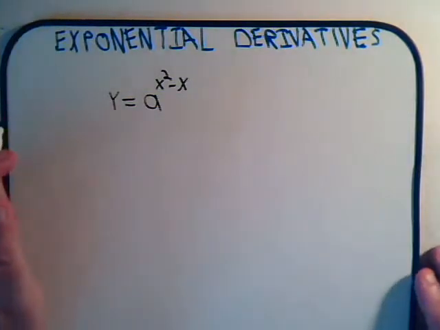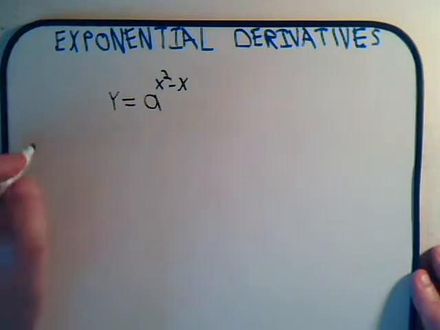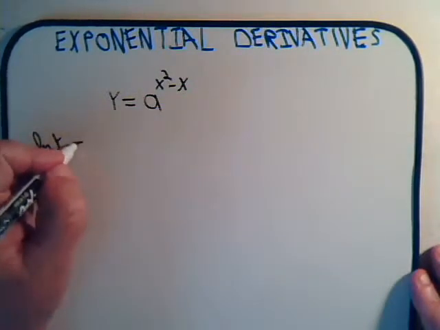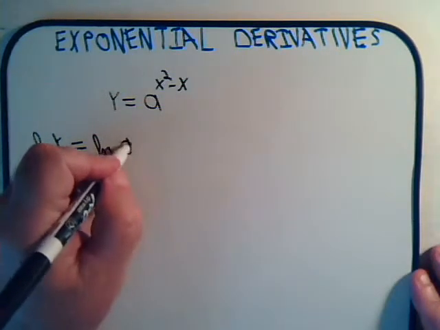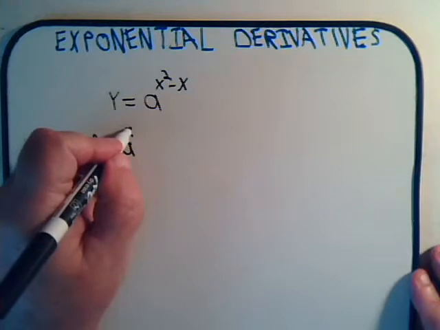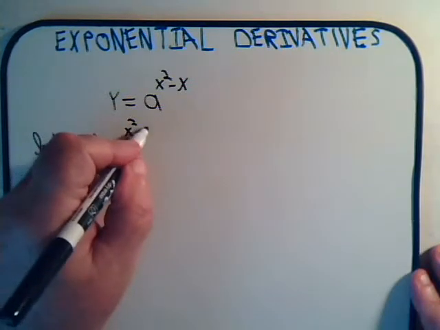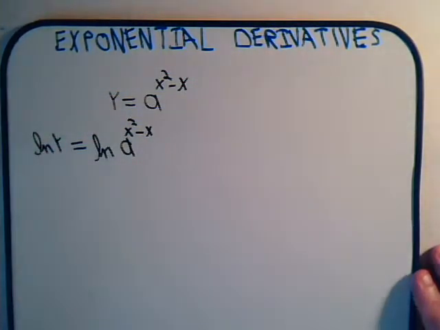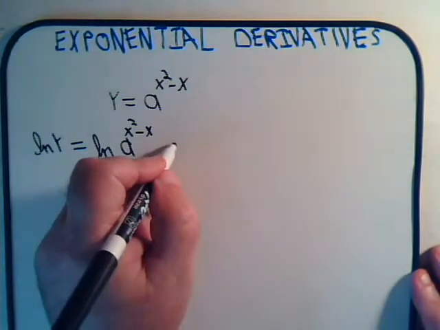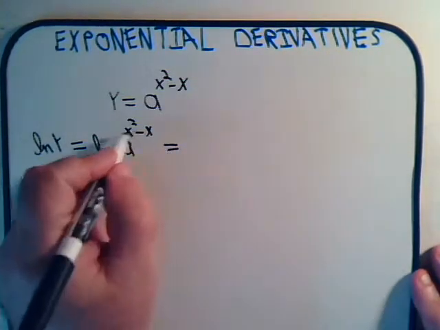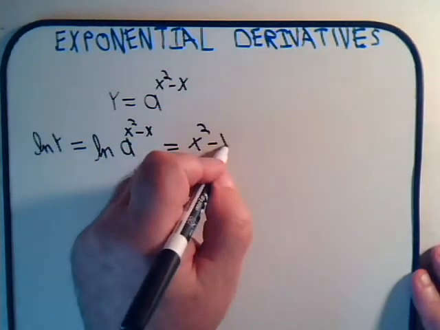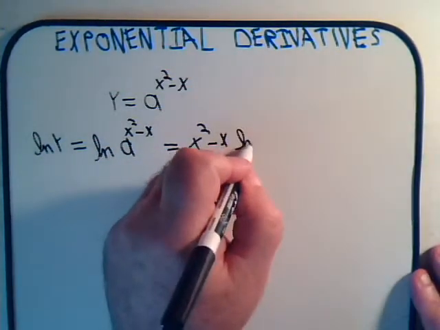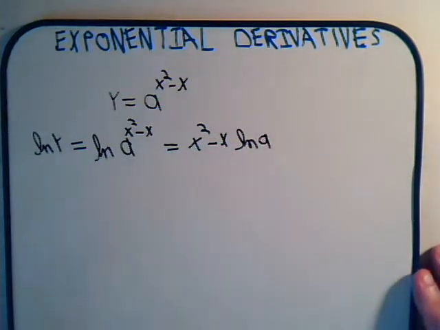So again, we take the natural log of both sides of the equation. We have the natural log of y equals the natural log of a to the x squared minus x power. And this equals, using our property of logarithms now, this x squared minus x times the natural log of a.